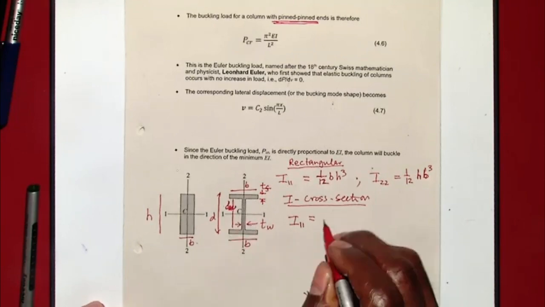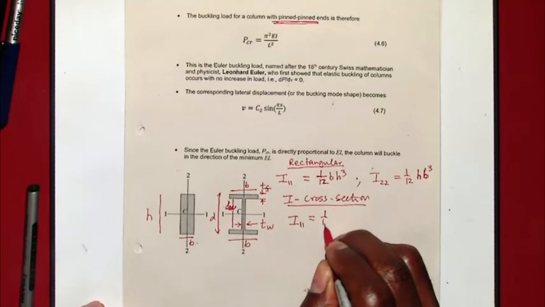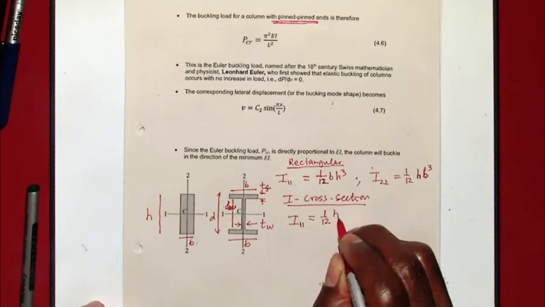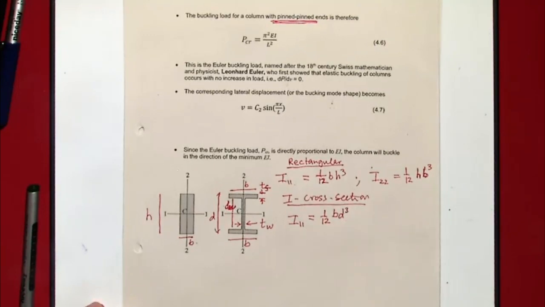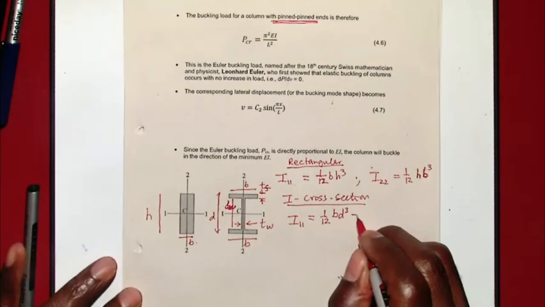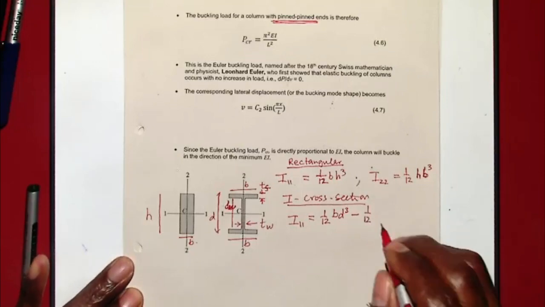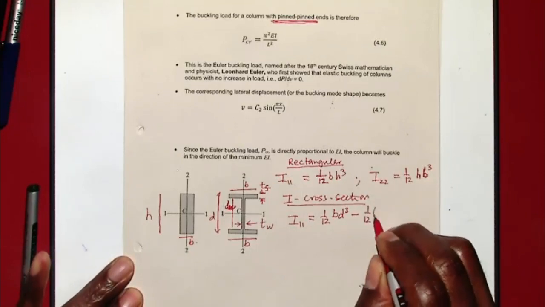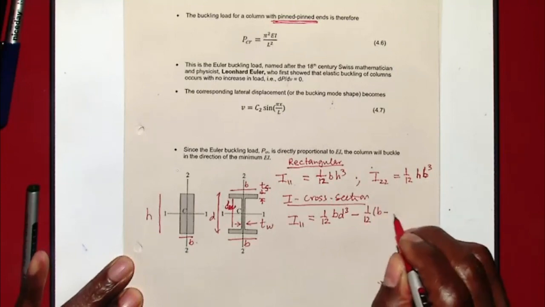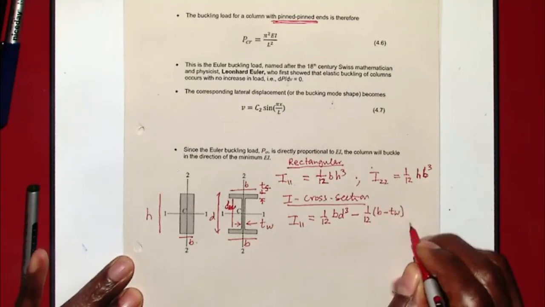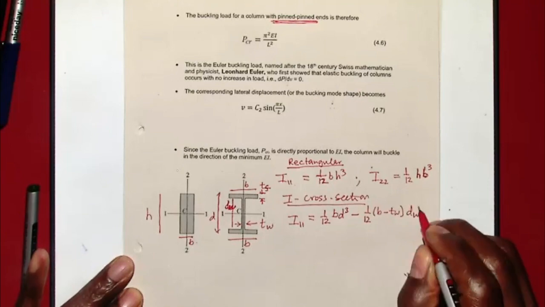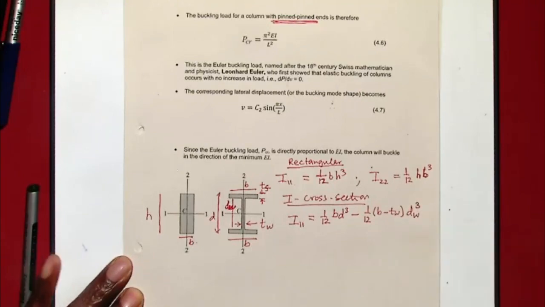If I look at the complete rectangle, I will have 1/12 B D cube. That is assuming I have a complete rectangle, but I know I don't. So I take away what is left. I will say 1/12 of B minus TW times DW cube.